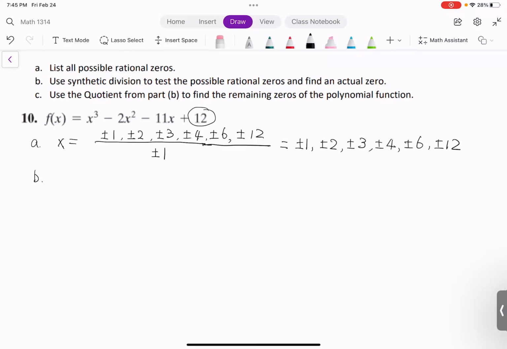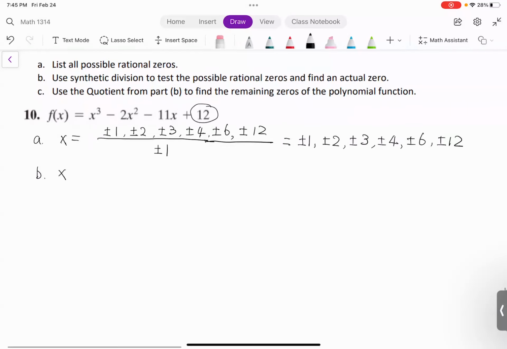Use synthetic division to test the possible rational zeros. Let's take a guess from all of these rational zeros. Maybe x equals 1 is a rational zero of the function f. I take a guess here. If I say x equals 1 is a zero, what is the divisor?